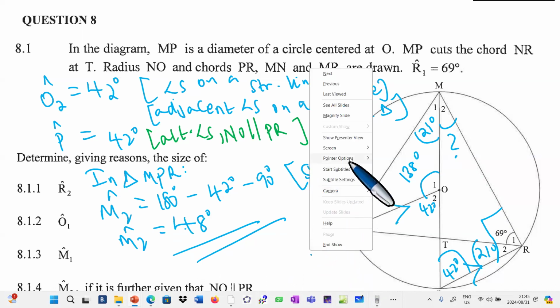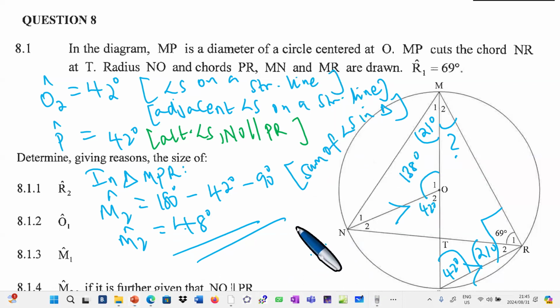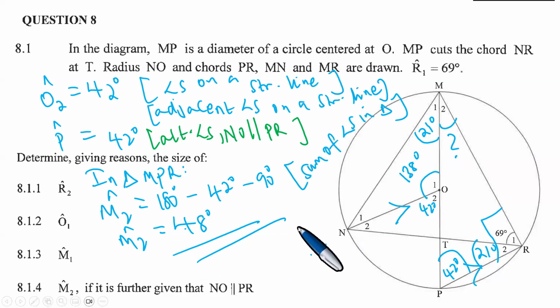Okay, we're fine. We got M2 to be 48 degrees, and then we move on to the next question.